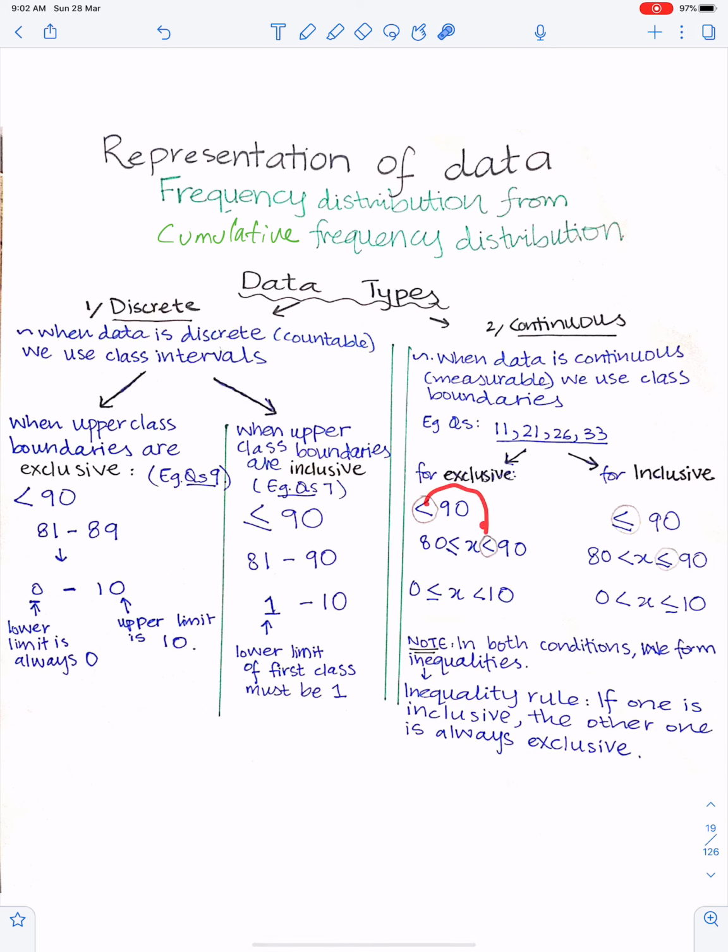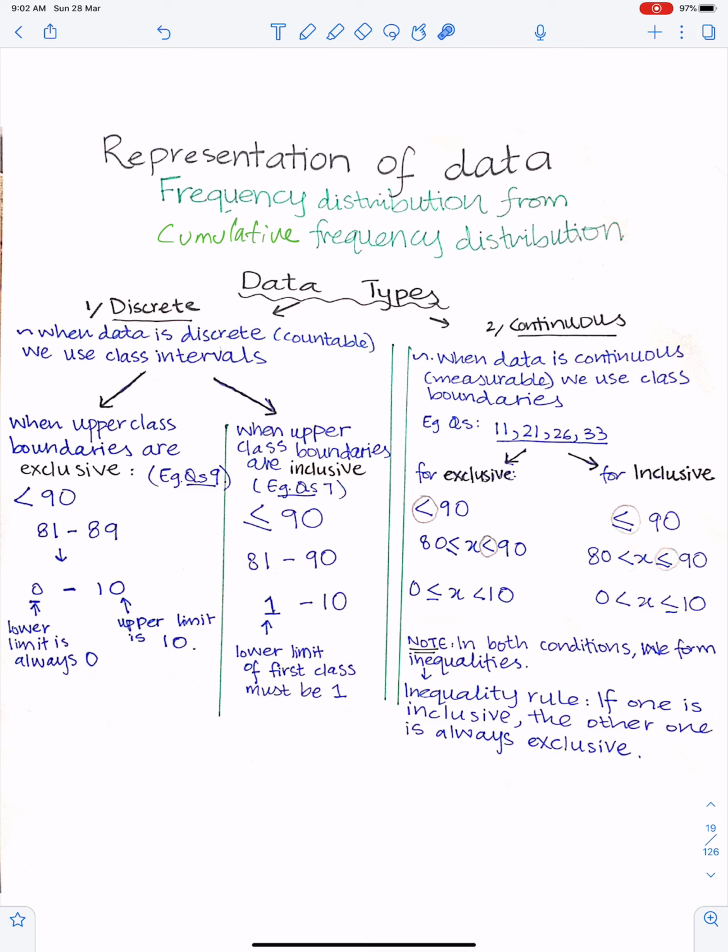This is exclusive, so write exclusive here, and this must be inclusive. This is inclusive, so inclusive is here, and this is exclusive. And the first value must be 0 in both conditions. A rule: if one is inclusive, the other is always exclusive. One is exclusive, other is always inclusive.